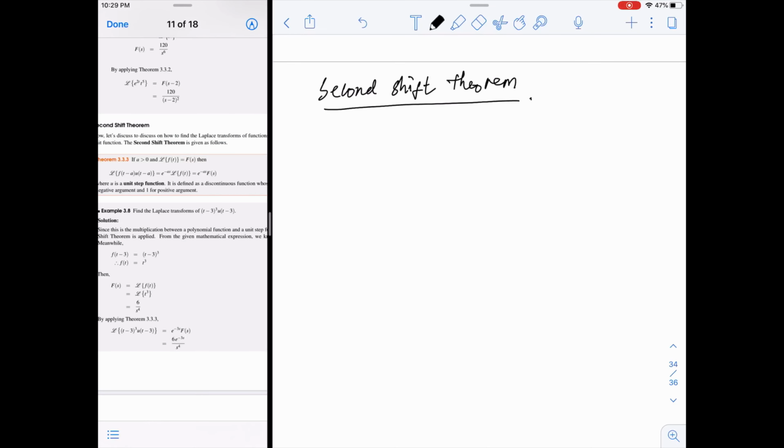Okay, class, let's move to the second shift theorem. The second shift theorem tells us that if you want to Laplace a function that combines two functions, like f of t minus a, and then u of t minus a, the answer is exponent negative as, and then you Laplace the function f of t.